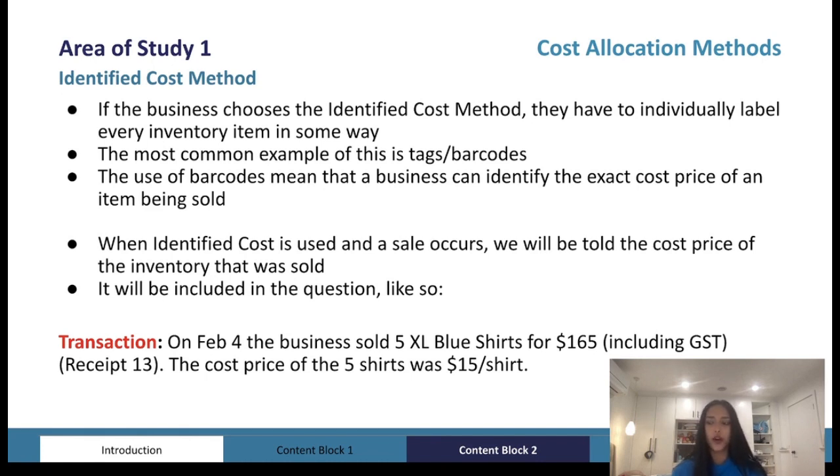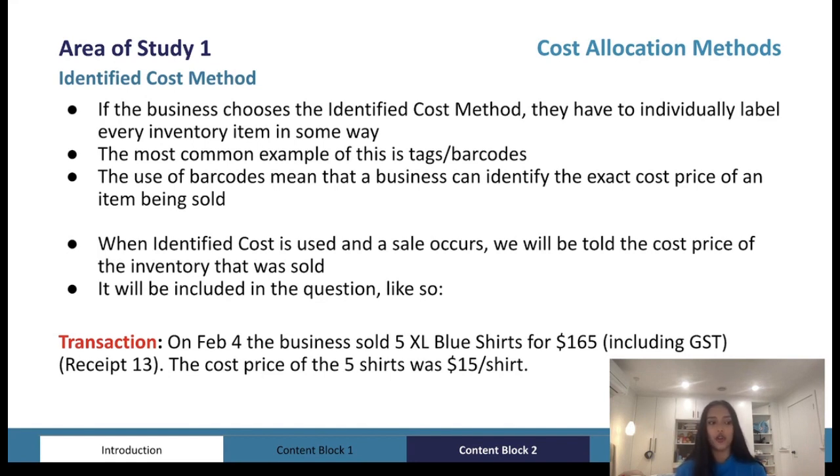So, for example, every time they sell an extra large blue shirt, they will take the shirt and then the cashier will scan the barcode on the tag, and then that barcode will tell the computer system of the business that this extra large blue shirt cost $15.